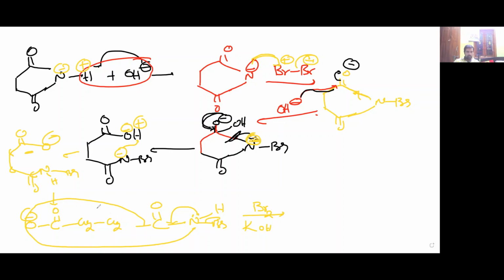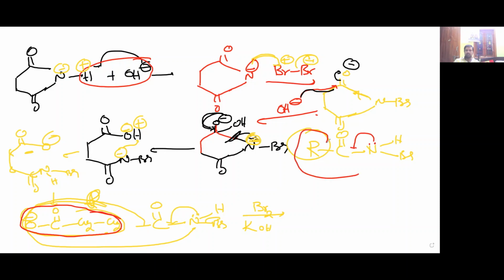You keep remember the whole thing you consider as R. It's like RC double bond O, NHBr. The R group means the whole thing. So then this pair is shifted like this. The alkyl group is migrating. Then Br is leaving like this. Then what will happen? The same thing happened.